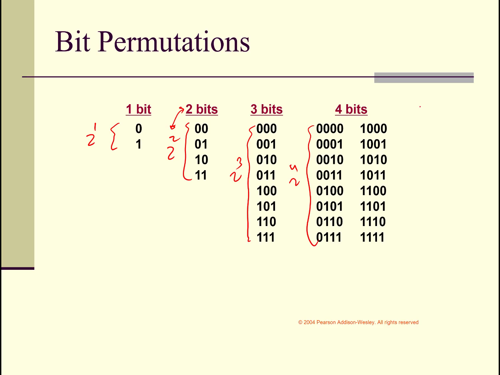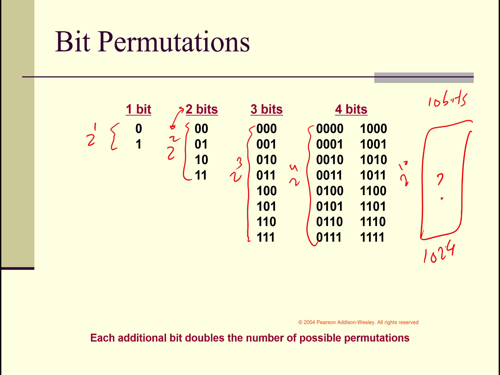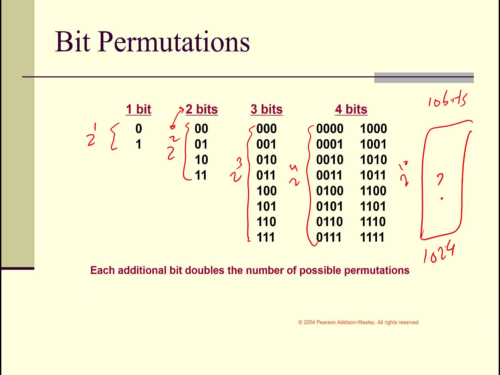So if I gave you 10 bits, how many entries do you have here? You will say it's 2 to the power of 10, which is 1024. So every additional bit you add doubles the number of entries that you have.